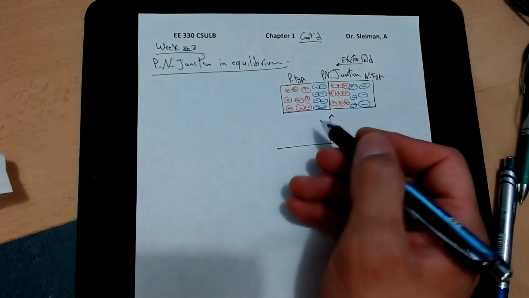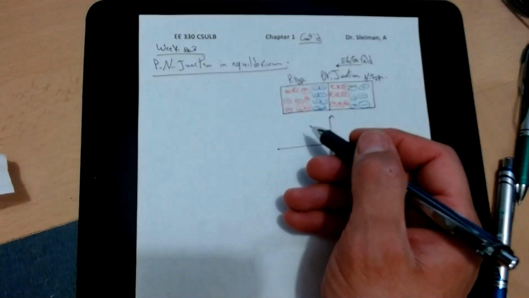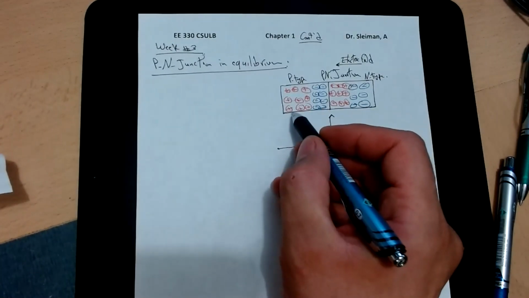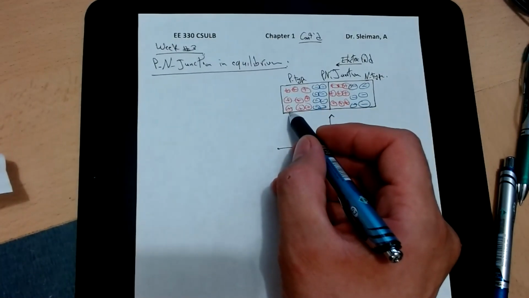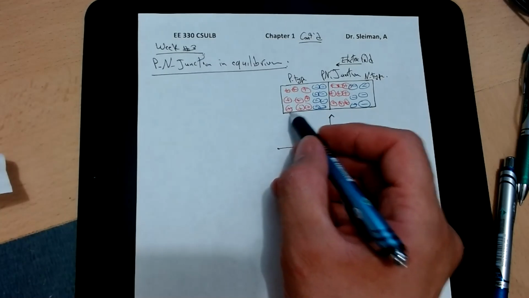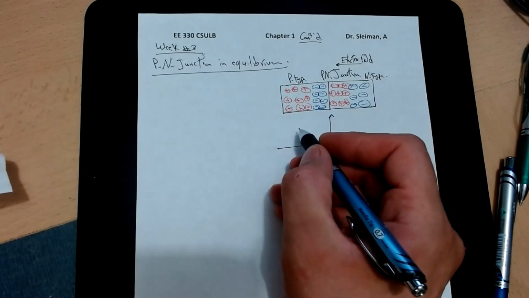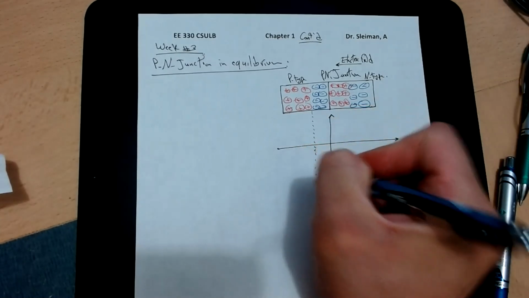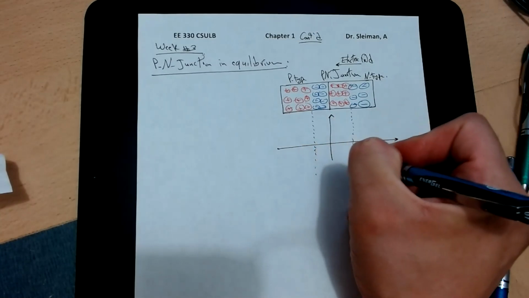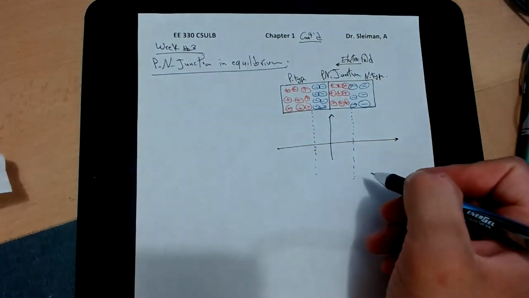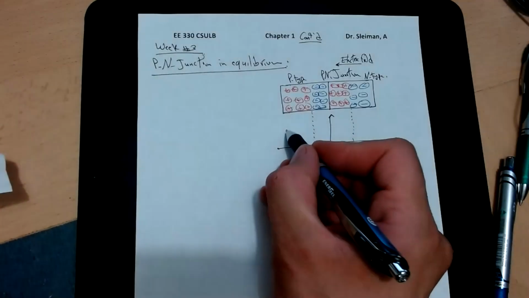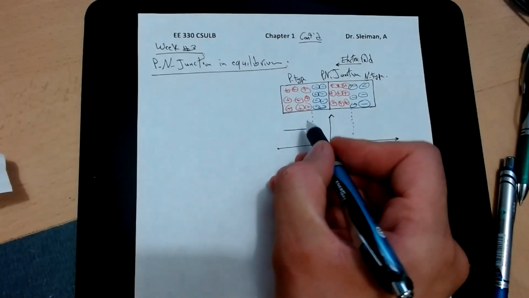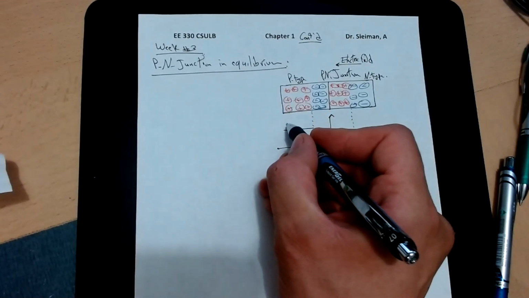Because this area is highly doped with hole concentration, up to this point it should be constant at this level, the electric field.